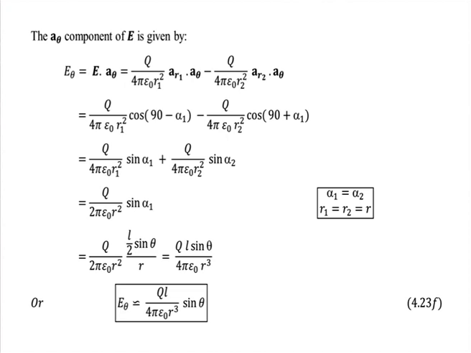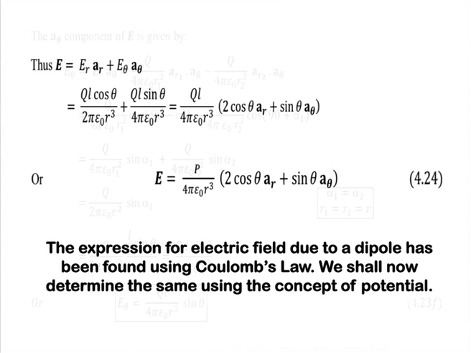Putting 4.23e and f into the expression E is equal to ER AR plus E theta A theta, we finally get the value of E, which is P upon 4 pi epsilon naught R cube into 2 cos theta AR plus sin theta A theta, where P is the dipole moment equal to Q into L.